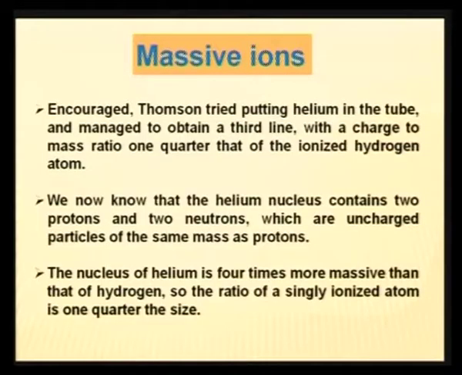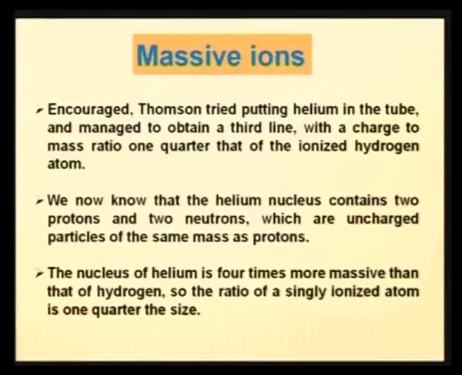Encouraged by these experiments, Thomson tried putting helium in the tube. Suppose you are having helium, then what will happen to e by m, that is the charge to mass ratio? He managed to obtain a third line.